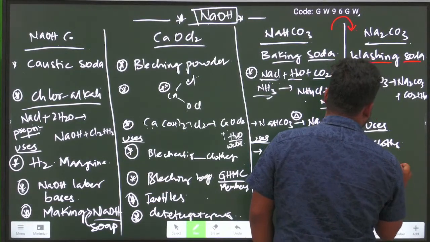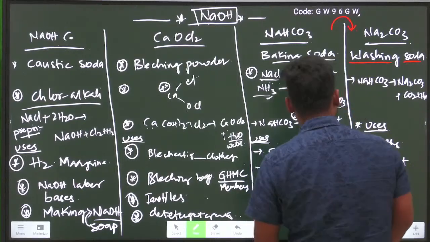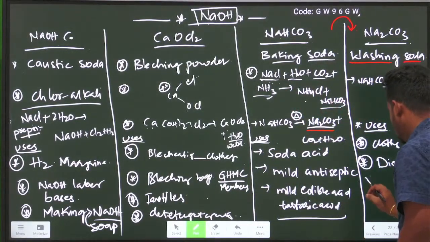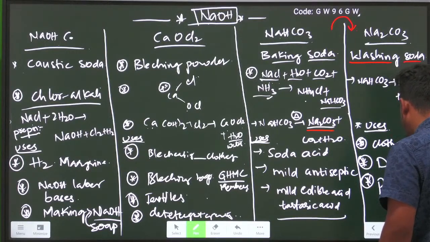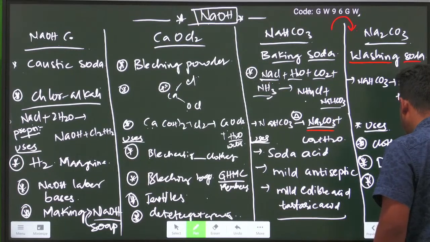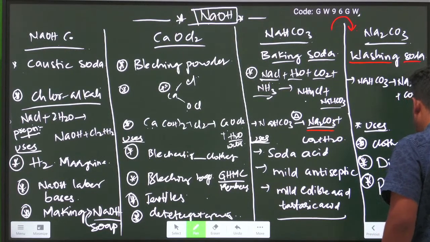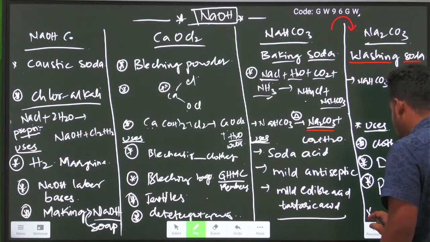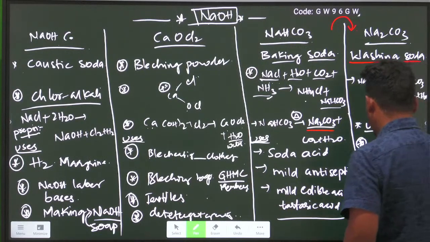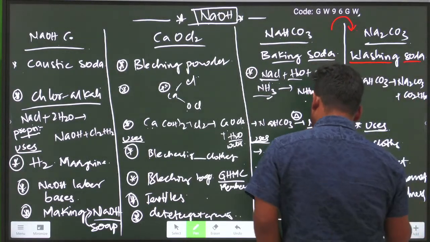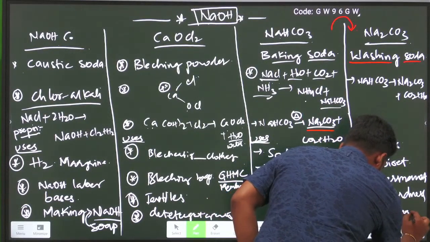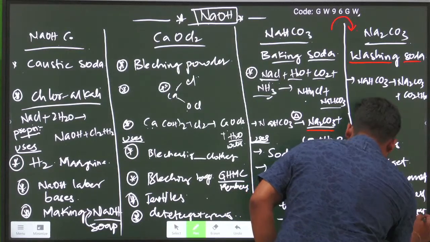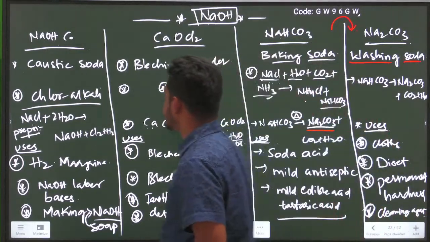Yes or no? It is used in removing dirt, and also it is used to remove permanent hardness of water. This you will learn in your future classes, your higher studies. Okay. The next is, it is also used as a cleaning agent.